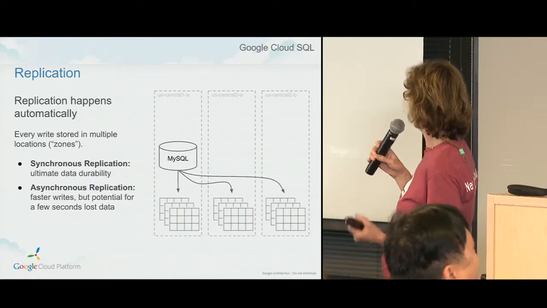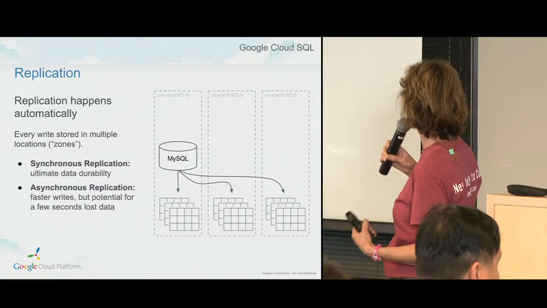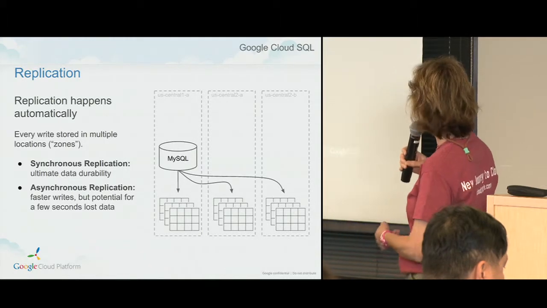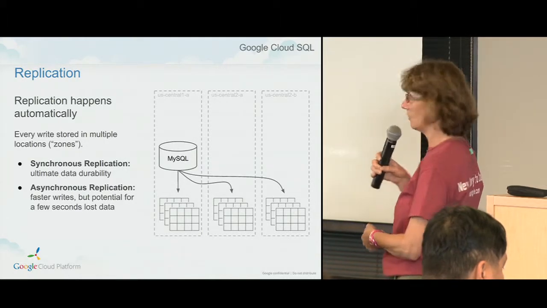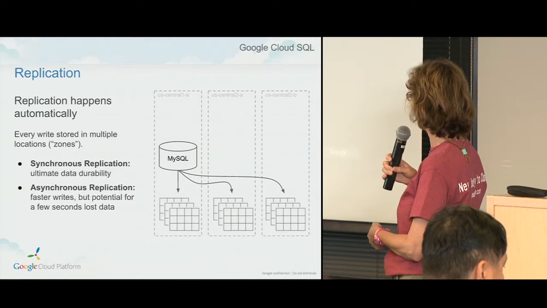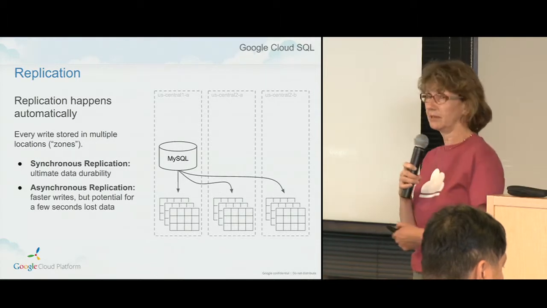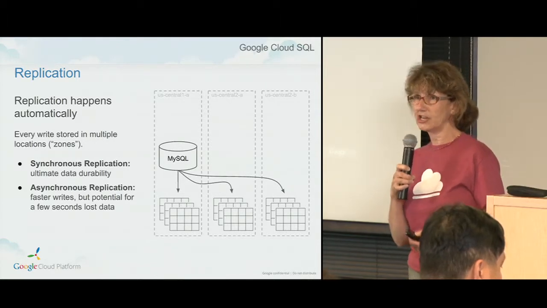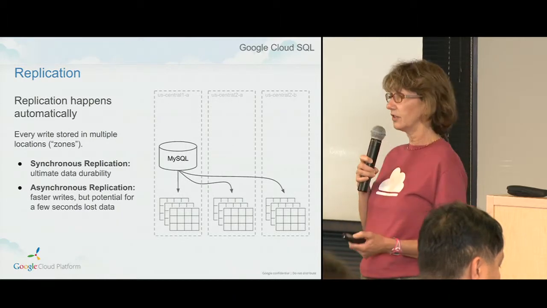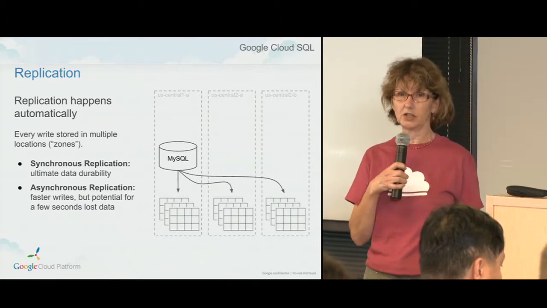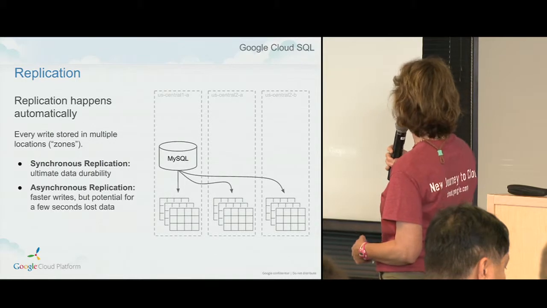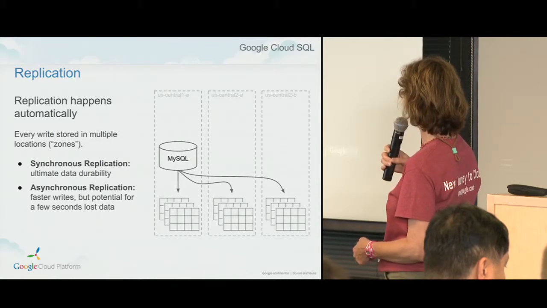So a quick look at replication. This is just showing us that every time you write some data to the database, it gets replicated in multiple places. It keeps it really safe. The replication happens when you do the write. So you can choose whether you want it to be synchronous or asynchronous. If it's synchronous, it's updated right away.